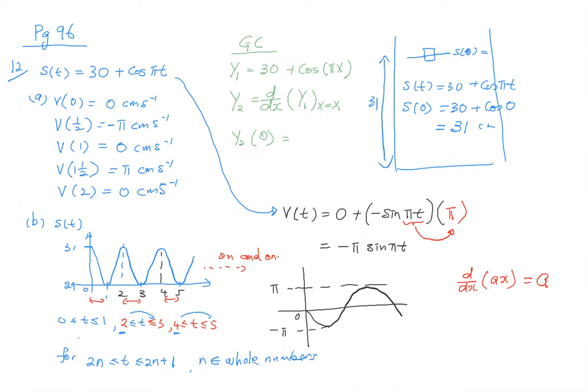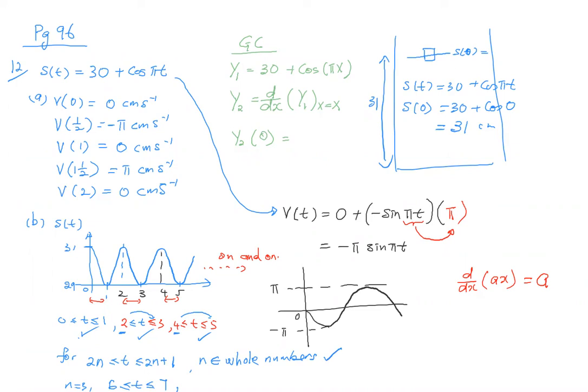When n equals 0, I get this. When n equals 1, I get this. When n equals 2, I get this. When n equals 3, I got 6 and 7, and so on and so forth. So if I write this in a general form, then I got all the intervals.